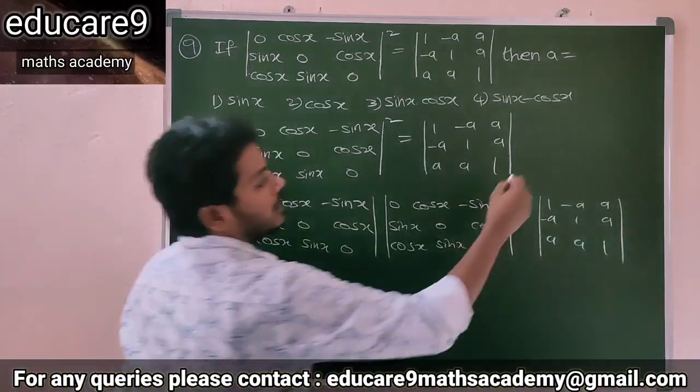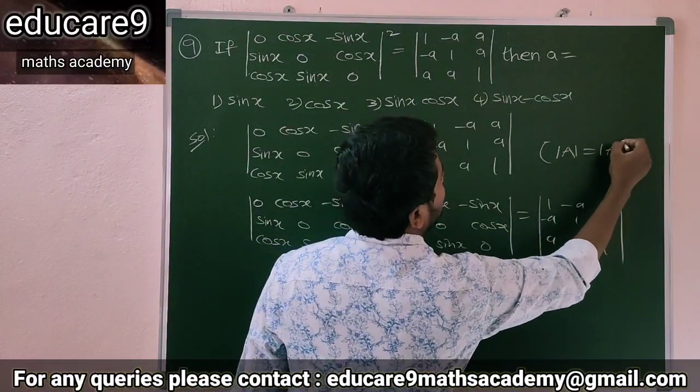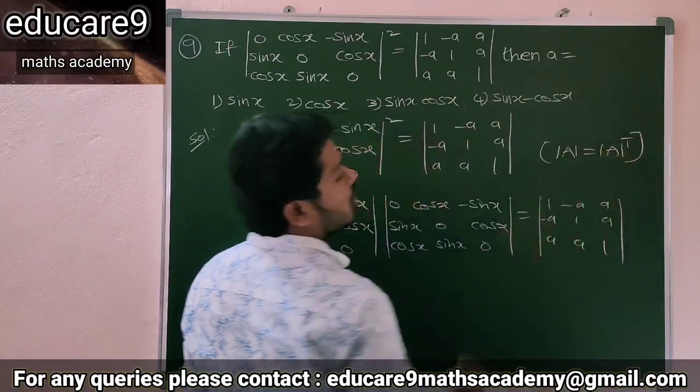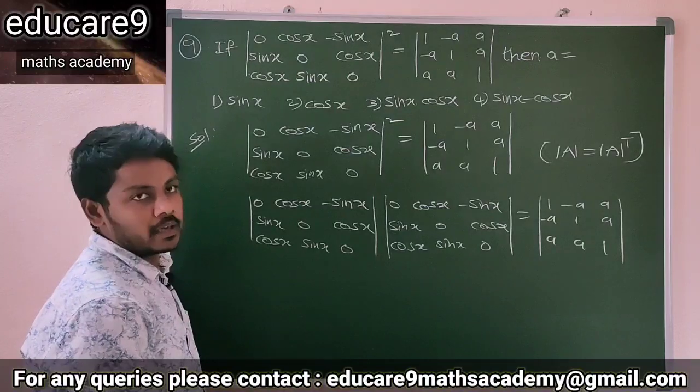So you know that determinant of A can be written as determinant of A transpose. So both are equal. That is the property of the determinant.